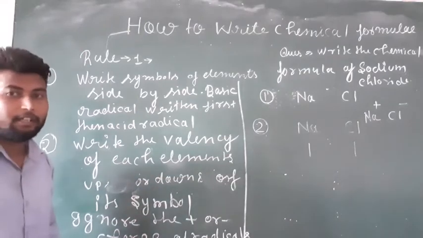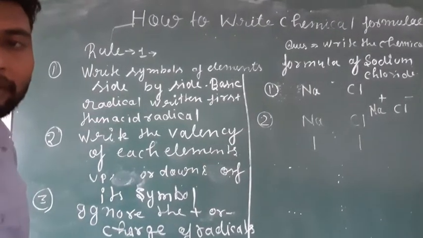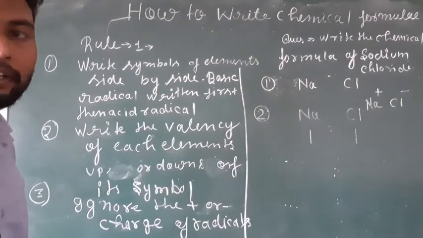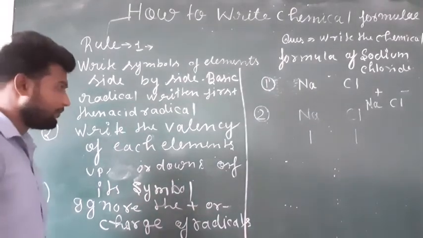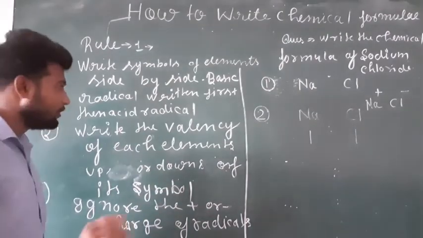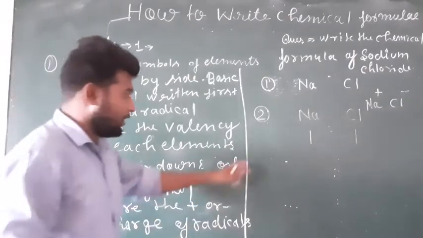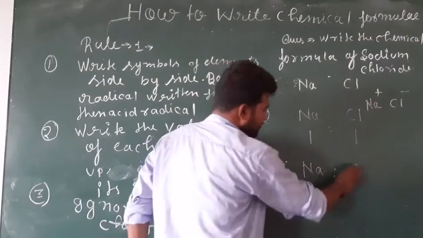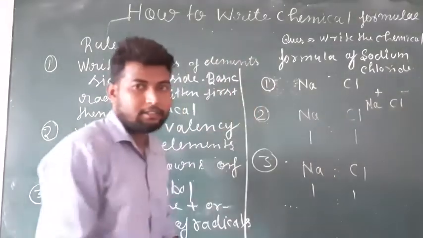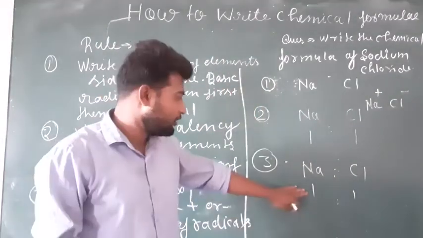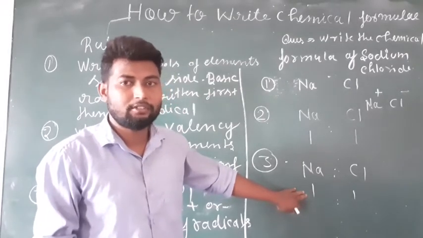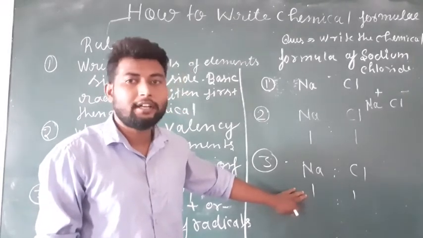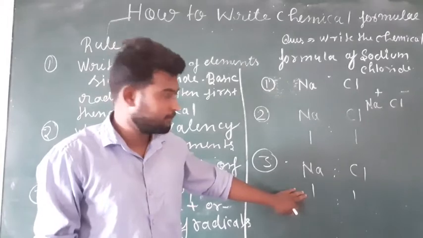Clear? So three rules are over. In the third case, what do I write here? I wrote NaCl. So I did not use charge here. It means I followed rule third, and rule third says to ignore the charge.